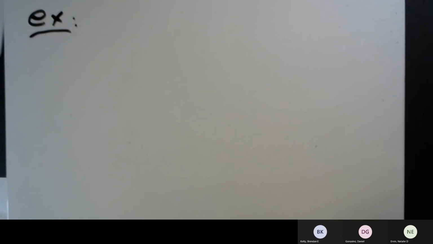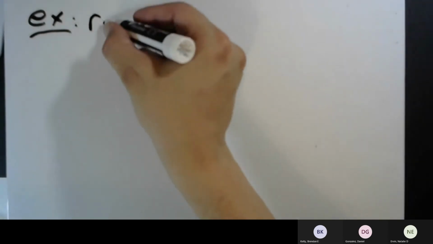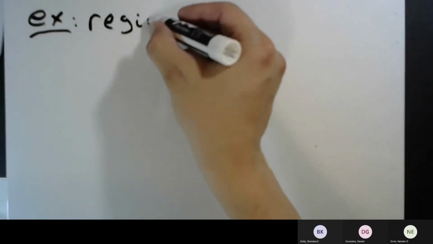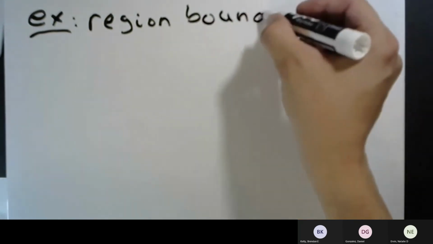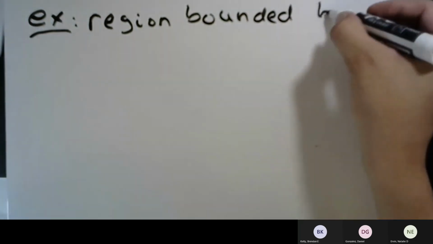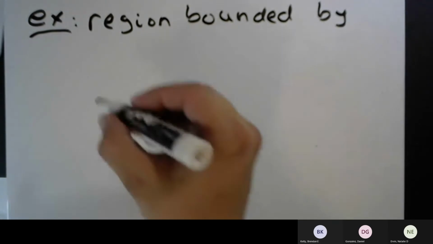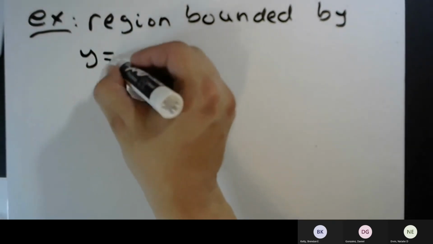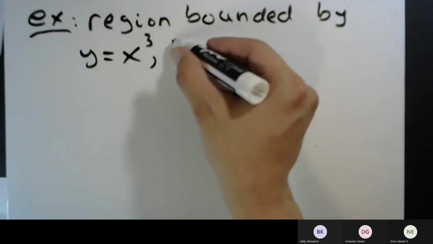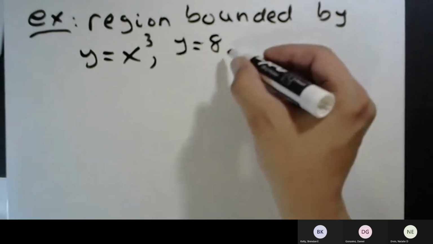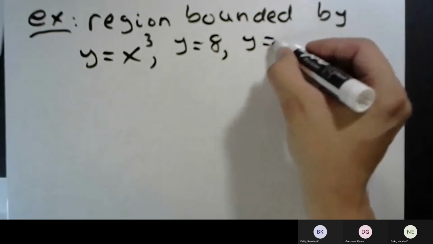So let's say we have a region bounded by y equals x cubed, y equals 8, y equals 0.